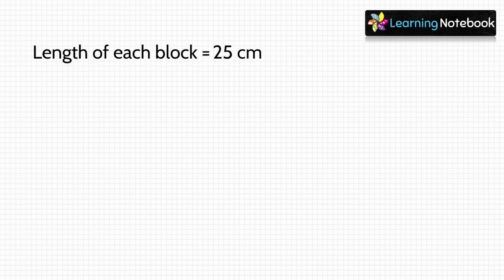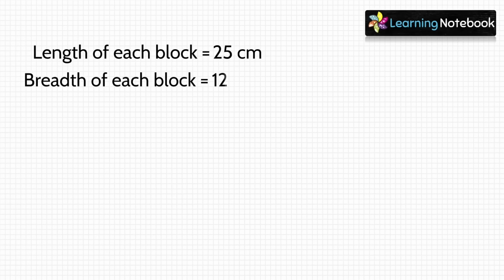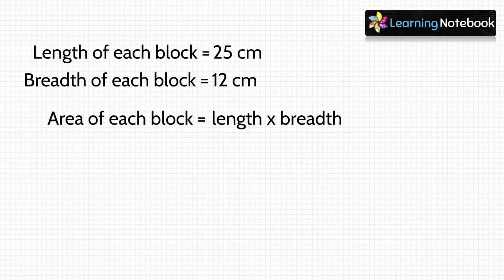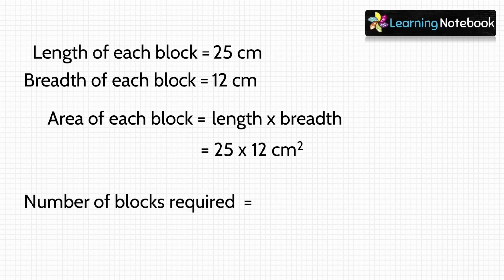Now let's find the area of one block. It is given length of each block is 25 centimeters and its breadth is 12 centimeters. So area of one block will be again length multiplied by breadth, which equals 25 into 12 square centimeters. Now students, we have found the area of this path as well as area of one block.